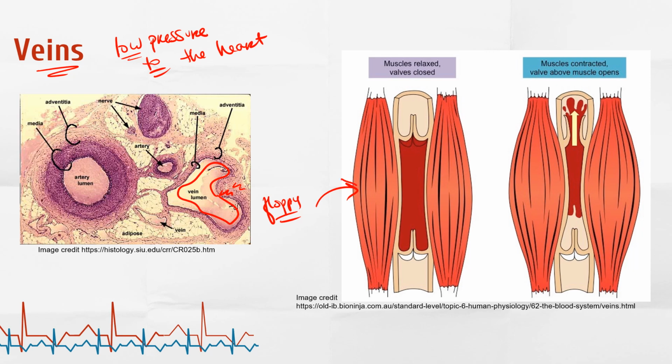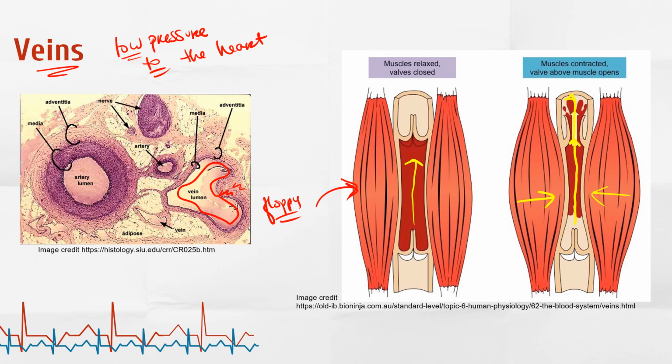So here our muscles are relaxed. We've got this blood sitting in our vein. When we contract those muscles, it actually pushes the blood forward and back toward the heart. This is what we want. This is really good. So working out, again, is good for your muscles and also good for your vascular system.